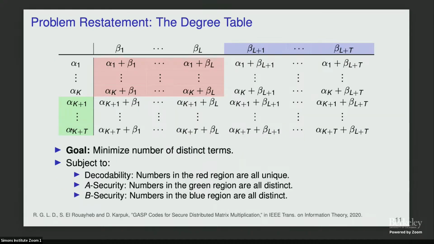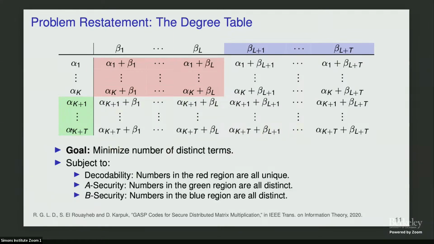Okay, so essentially what we've done is we have restated this whole secure distributed matrix multiplication problem into some fun combinatorial problem, which just has these tables. So just to restate then, the goal is that if you give us how you want to partition your matrices in this outer product form, so if you give us these parameters k and l, and what's the security parameter t, then the problem is find integers.